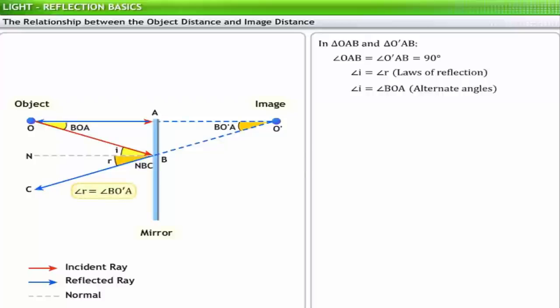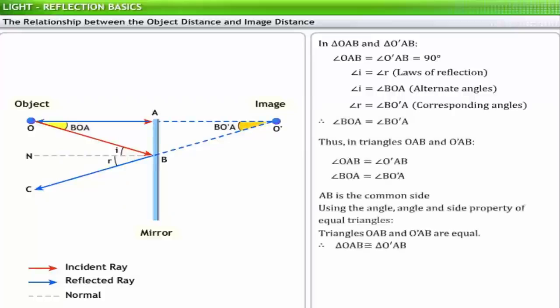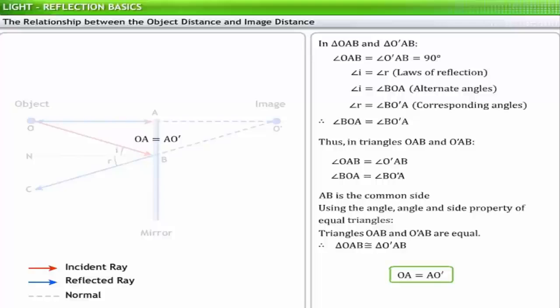Therefore, angle R is equal to angle BO dash A. Therefore, angle BOA is equal to angle BO dash A. Using the angle and side property of equal triangles, we can say that triangles OAB and O dash AB are equal. Equal triangles have equal sides. Therefore, OA is equal to AO dash, which means that the distance of the image from the mirror is equal to the distance of the object from the mirror.